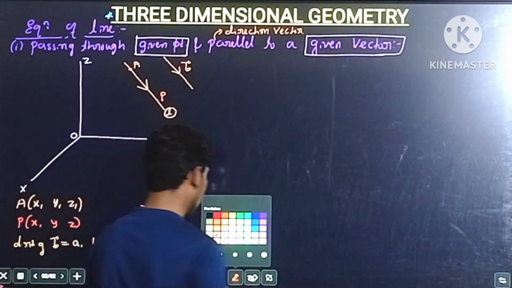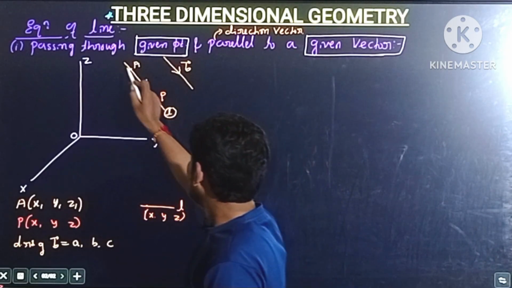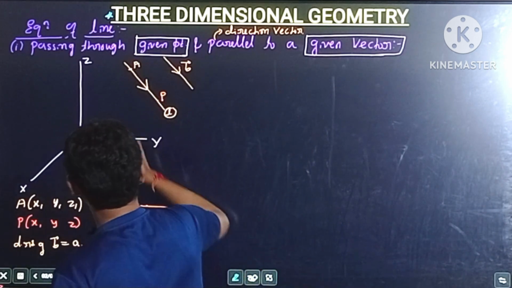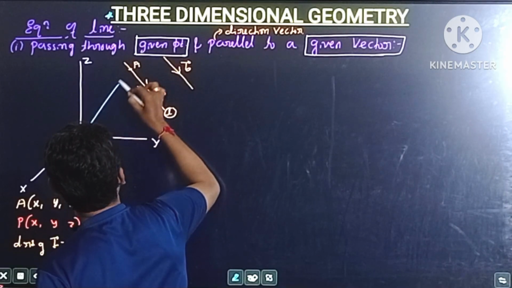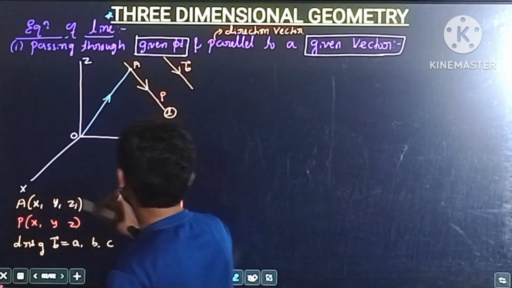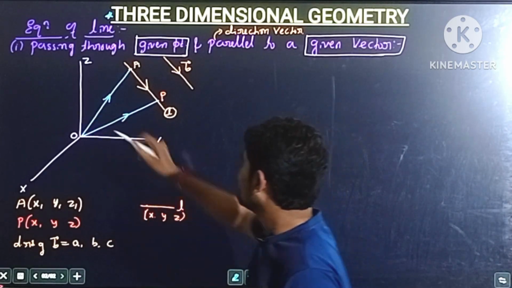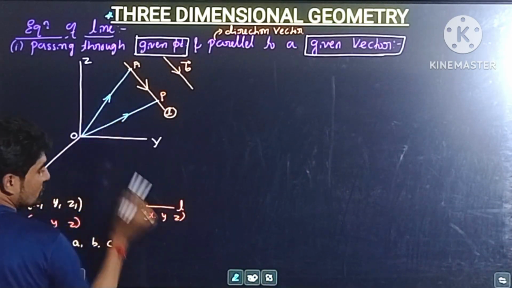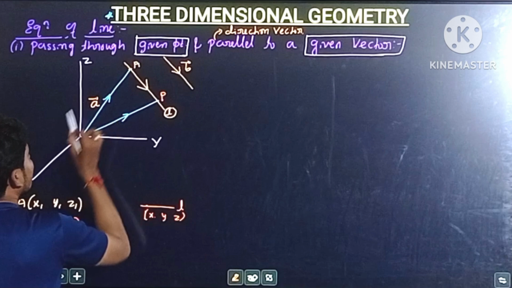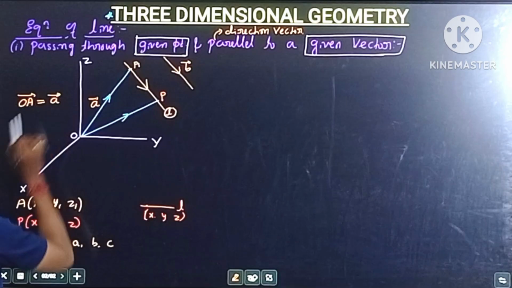To identify the equation of line L, A is a point on the line, and we know that the position vector of the point A is OA vector, the direction from O to A. The position vector of the point P is OP vector, the direction from O to P. Let us define the position vector of the point A, OA vector, as A vector.